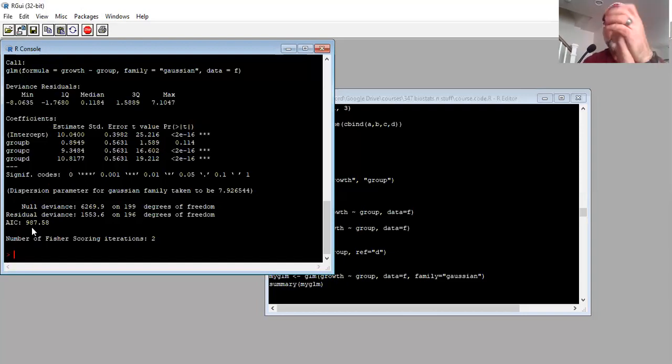And if you're doing a one-way ANOVA with just one treatment with different levels, right? So our treatment was, what do we say, fertilizer amount. We had A, B, C, D. We really don't have too many models. We have an intercept-only model, and we have a model with that treatment.